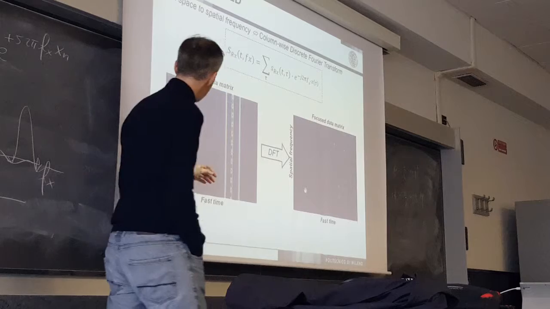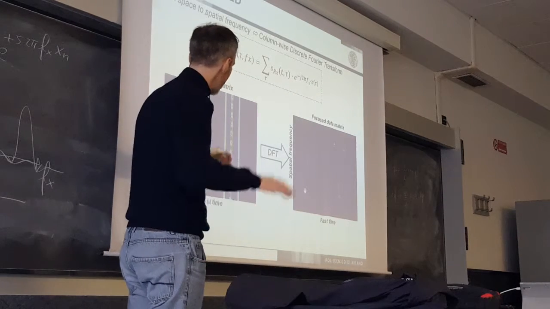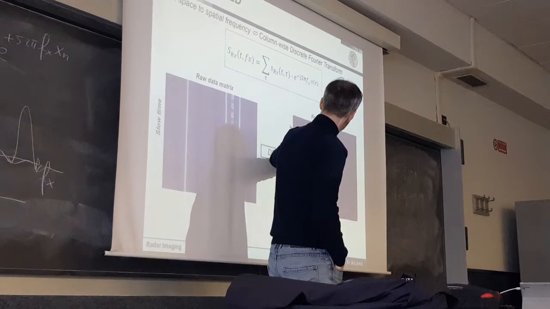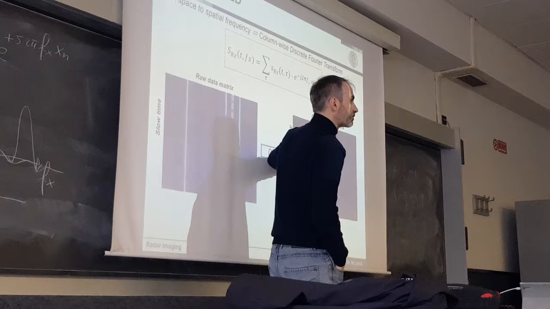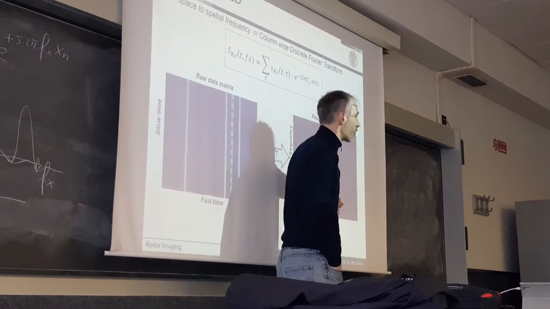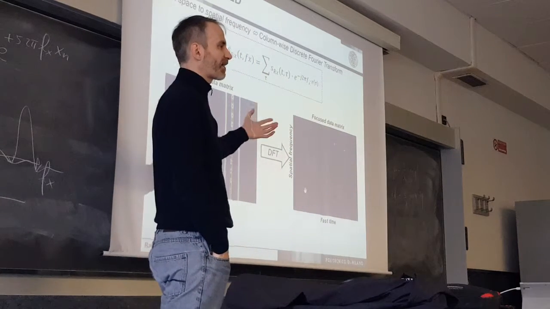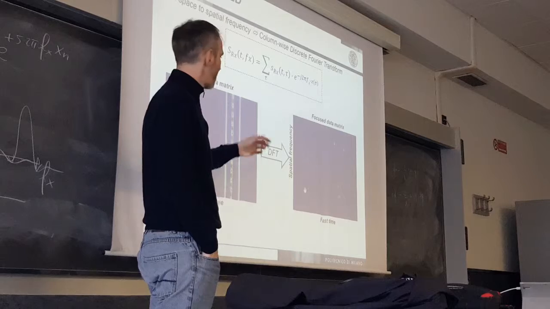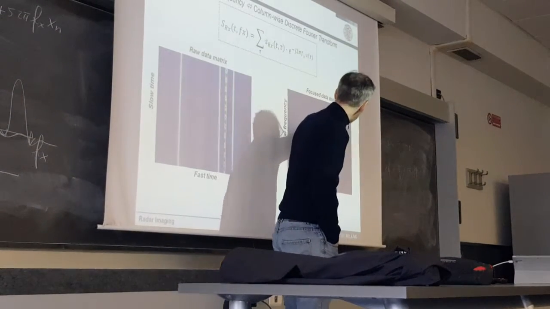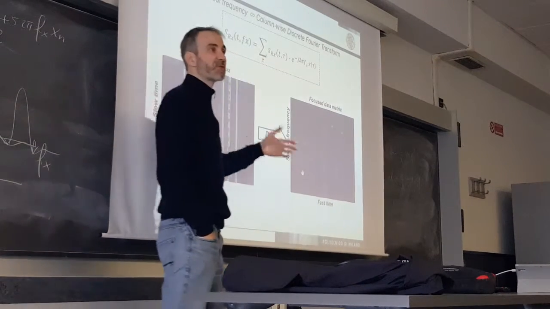And you see that in this case, all of these lines get compressed to a single point. So each bright point here is telling you that there is a target there. You can notice that we have 1, 2, 3, 4, 5 targets. So this simulation was done assuming 5 targets.